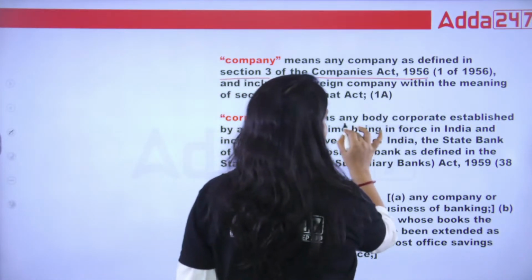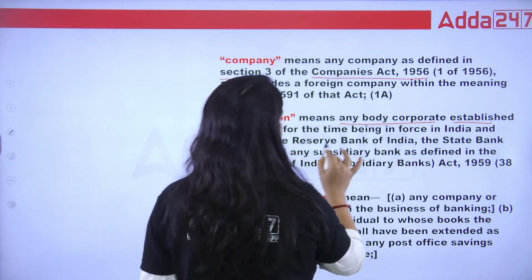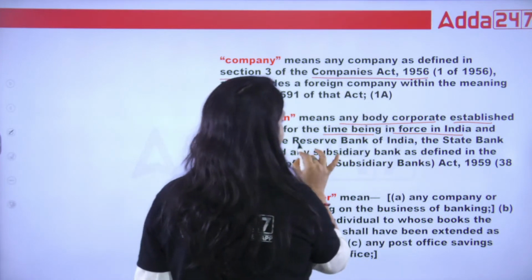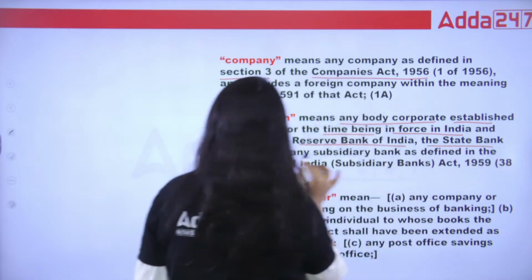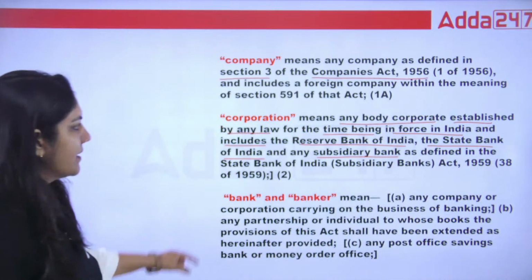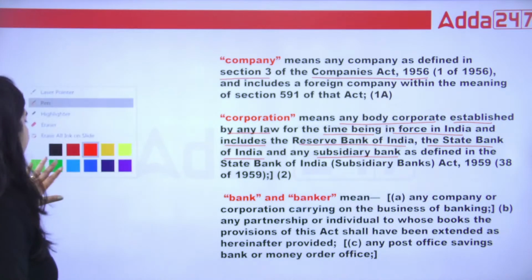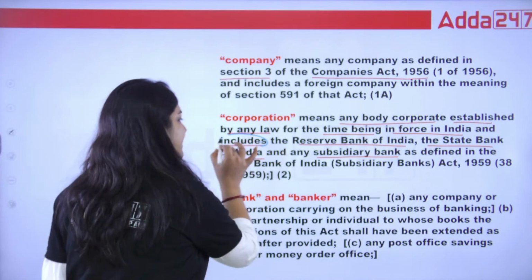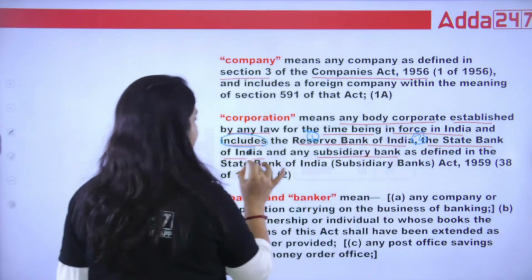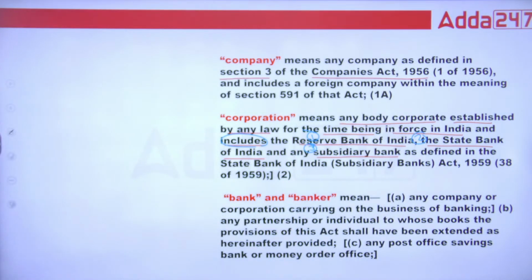Corporation means any body corporate established by any law for the time being in force in India, and includes Reserve Bank of India, State Bank of India, any subsidiary bank. Includes means that Reserve Bank of India, State Bank of India and the subsidiary banks are also included in this corporation.